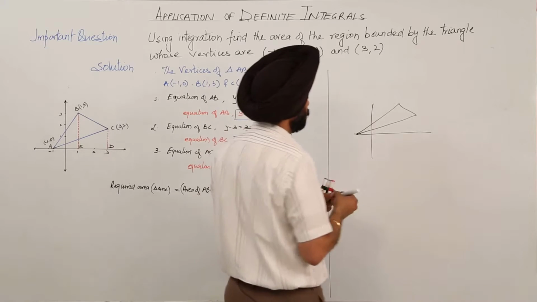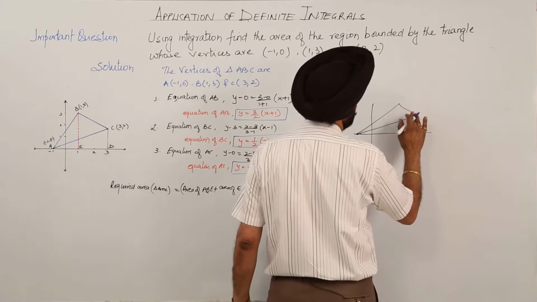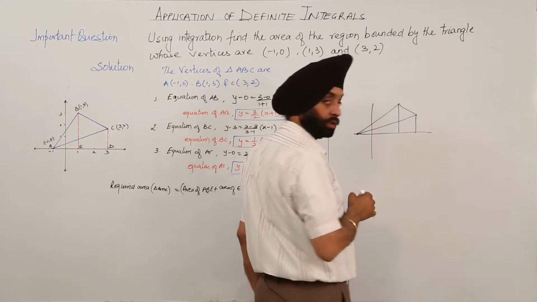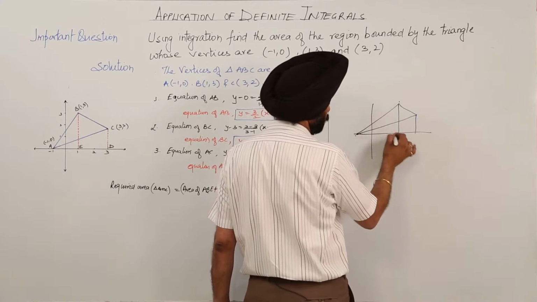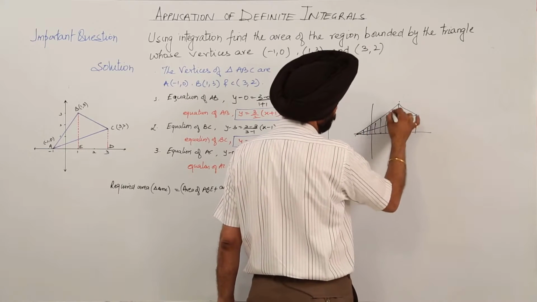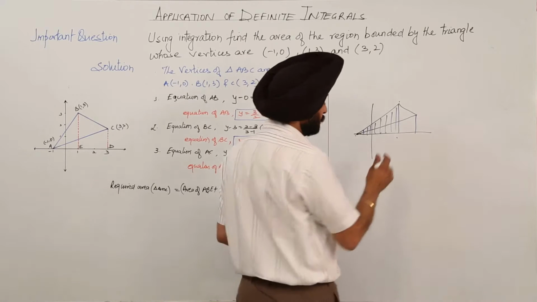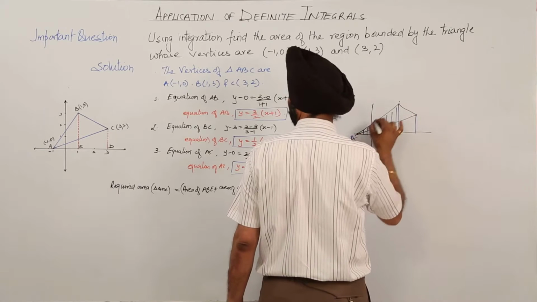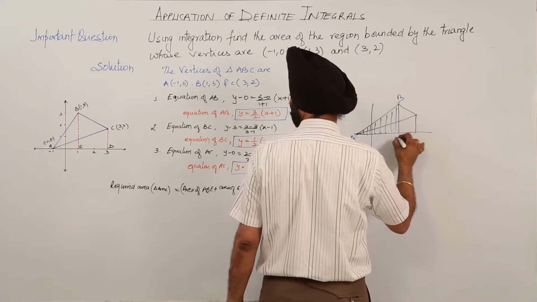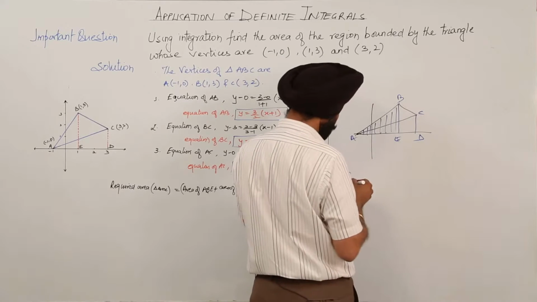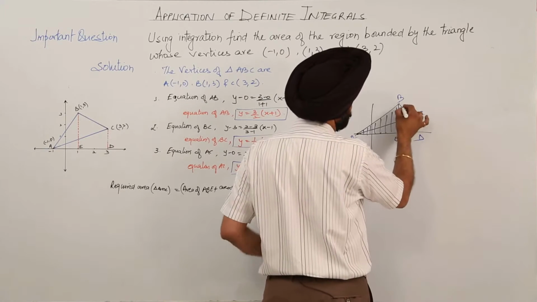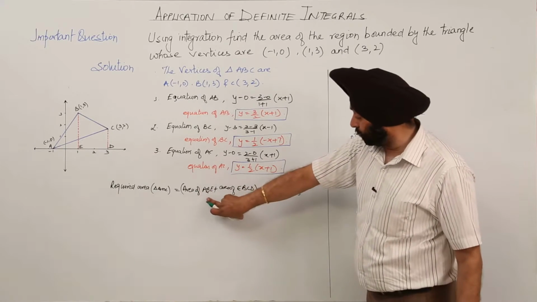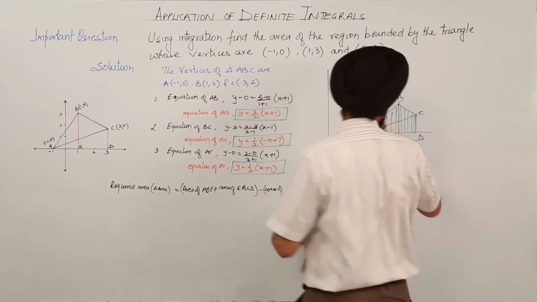From here to here, it means we have found the area of all these parts: A, B, E, then C and D. Now the area of ABE plus the area of EBCD is this whole region.